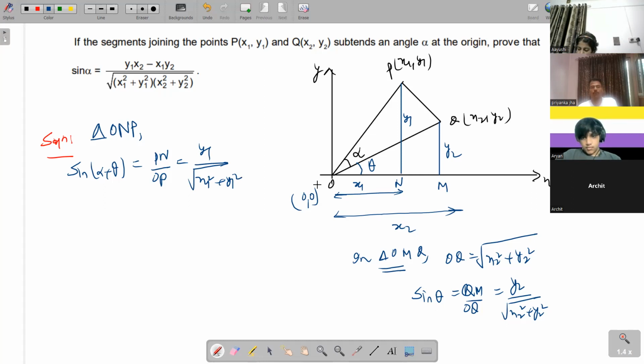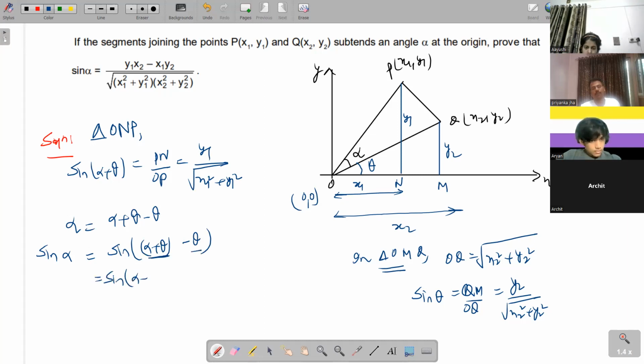Now, alpha can be written as alpha plus theta minus theta. Just apply sine to both sides. So this is sine of (alpha plus theta minus theta). This is like A minus B, so this is sine A cos B minus cos A sine B.